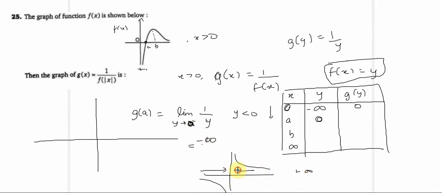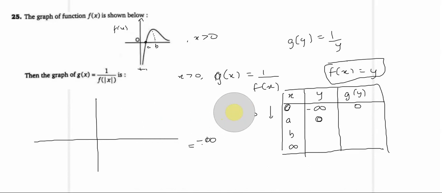If you approach from the right side at 0, you will get positive infinity. So the limit does not exist, but left hand limit and right hand limit exist. So that's how this is minus infinity. G of y is minus infinity. So note, as soon as y crosses a, it becomes positive.